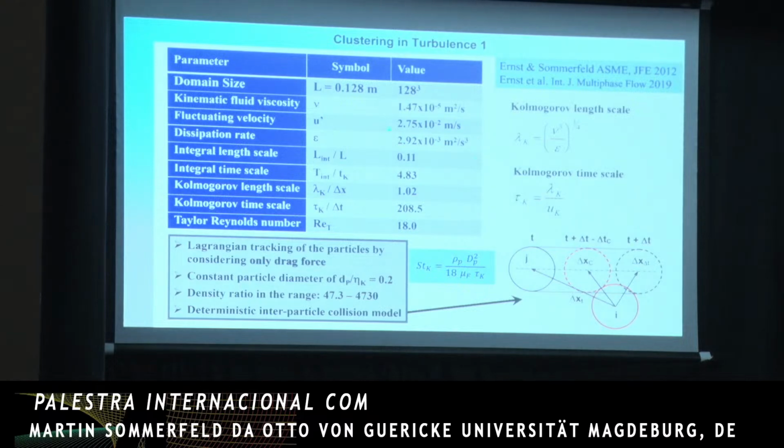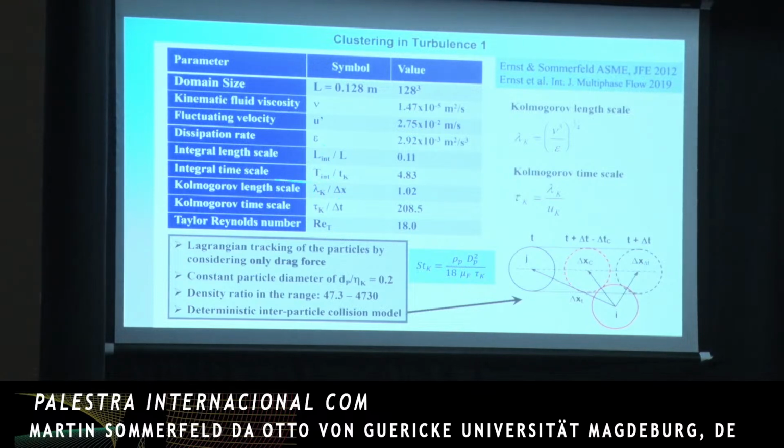It's a 128 cubed box. We have here the viscosity, the fluctuating velocity, dissipation rate, the integral length scale over the box size, 11%. The integral length scale over the Kolmogorov length scale is 5. This is the Kolmogorov length scale.